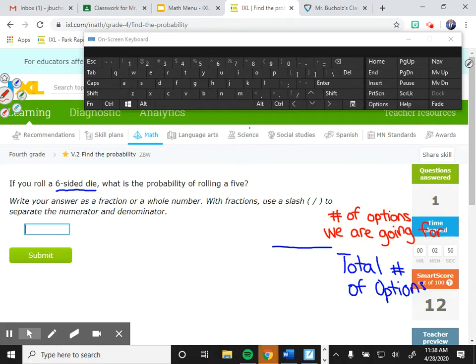So a six-sided die tells us our total number of options, because we have six sides.